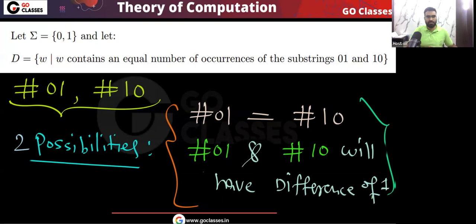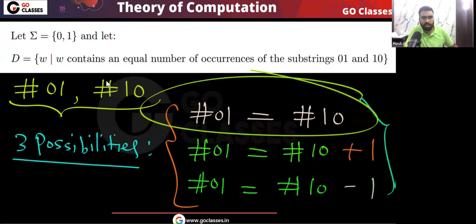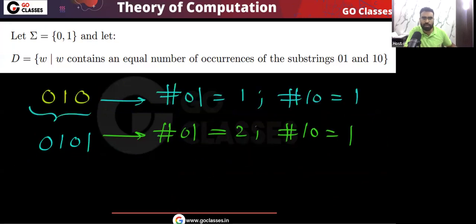Is this point clear? So remember, either both are the same, or the number of 0 1 is 1 more than the number of 1 0, or the number of 0 1 is 1 less than the number of 1 0. Only these are possibilities, nothing else is possible.